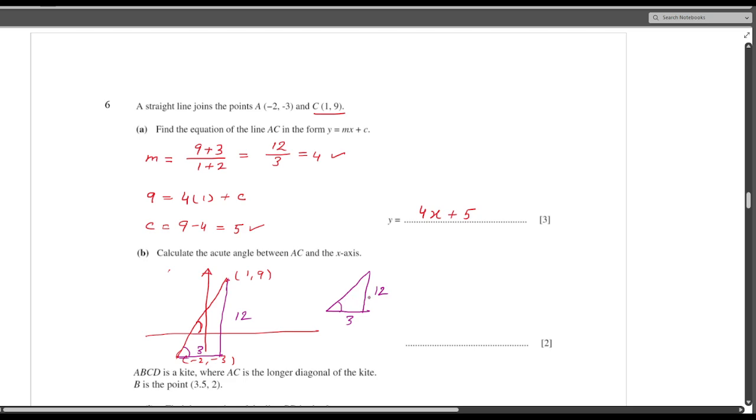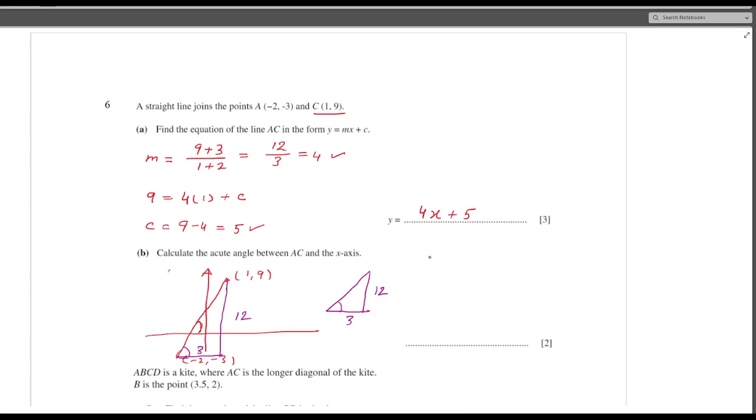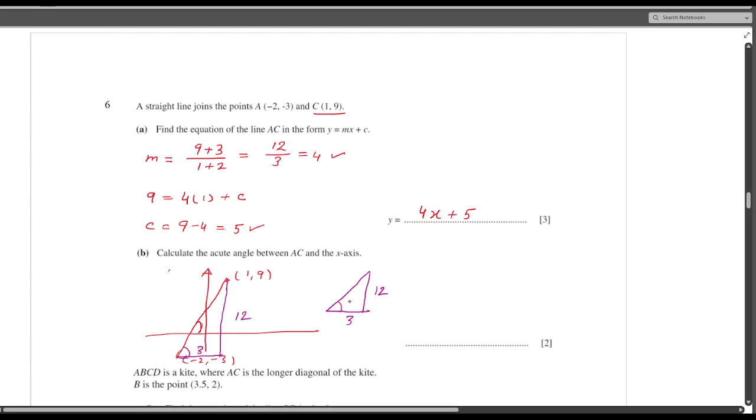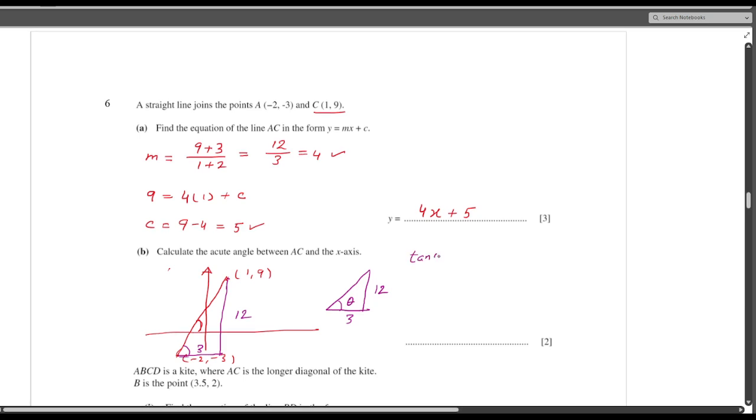Okay, so if I say this angle is theta, then tan theta will be equal to 12 divided by 3. Now 12 divided by 3 is your slope m, which is 4.